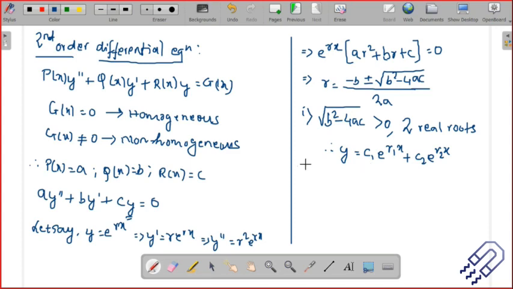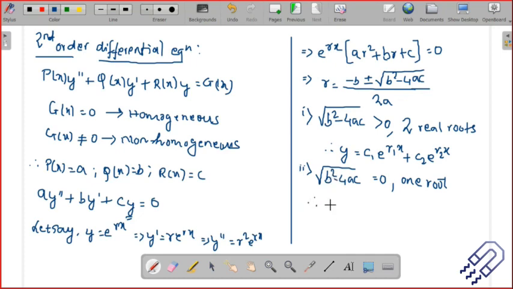Okay, so this is the first one, and the second one is, let's say, root over b square minus 4ac is equal to 0. If this is equal to 0, you're going to get just one root. Why? Because this entire term is 0, so you're just going to get minus b by 2a, one root getting repeated twice, right?